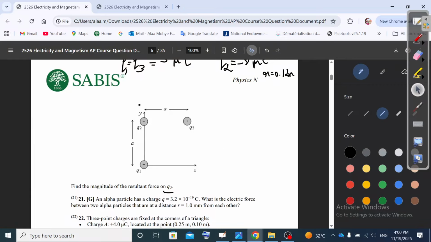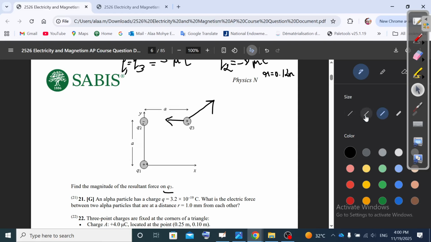Right? So that's A. Okay, so how does Q3 and Q2 act? Q3 will be attracted to Q2 since one is positive and one is negative. Moreover, Q3 would be repelled by Q1 in this direction, as they're both positive.